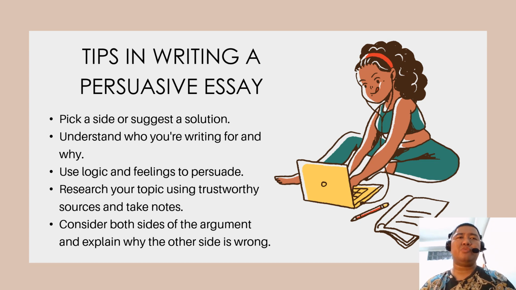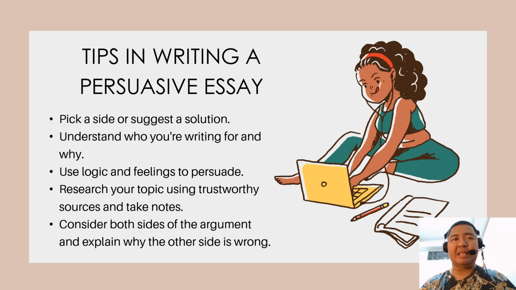The fourth one is research your topic using trustworthy sources, and take notes of the data that you're getting. So you have to explore as well. It's like a combination of an opinion and an informative essay because there are going to be certain sources. That's why there is data, research, and logos. There are also big names that you can use to support your stand about a certain topic.